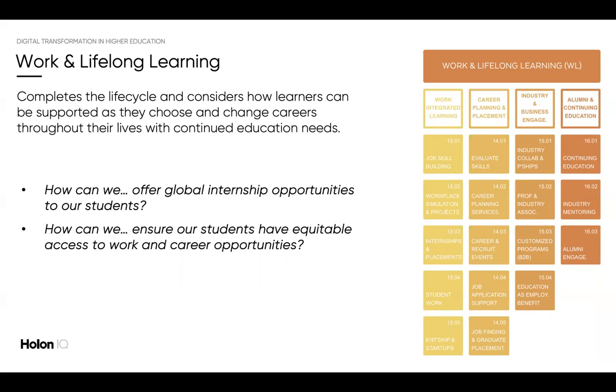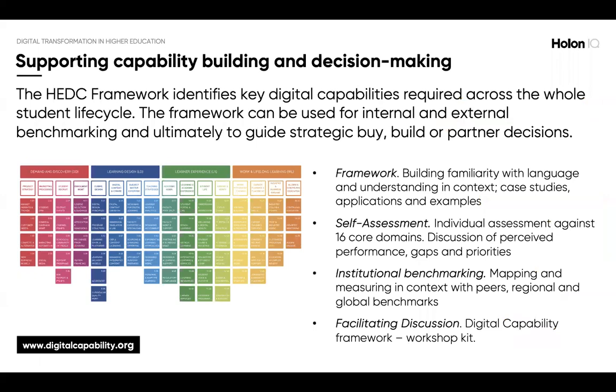So what are the continuing education needs that they'll have, as well as the work integrated learning and career planning during their university days? So typical questions here might be, how can we offer global internship opportunities to our students? How can we ensure our students have equitable access to work and career opportunities? And these are just some of the questions that institutions are solving using some digital solutions.